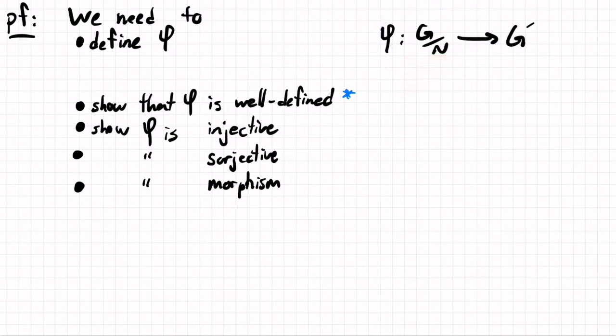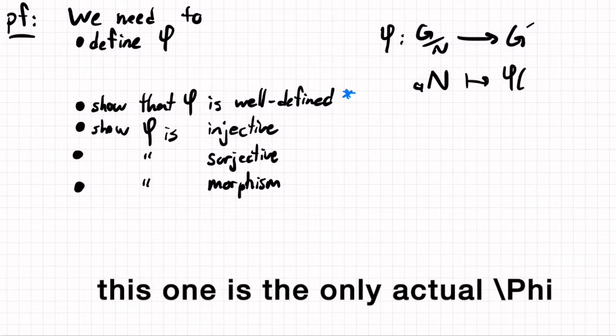It'll be the set of left cosets of n. So an element in G mod n will look like an for some a in G. And elements in G prime are just elements of G prime. So the way we'll define the map is an is going to map to phi of a.